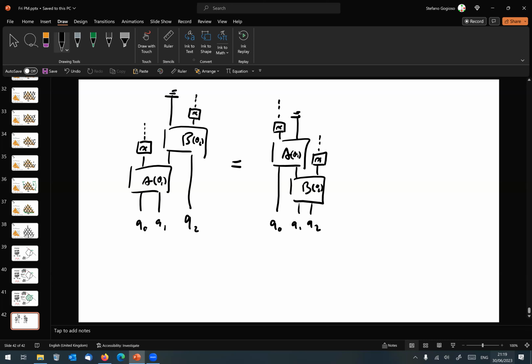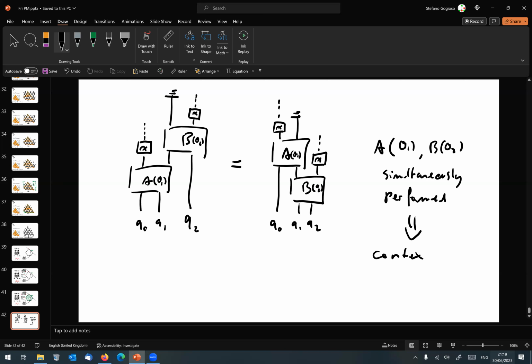But if you can presume this, then you can say that A theta 1 and B theta 2 are simultaneously performed, and you can use contextuality to get something like the things that non-locality gives, and those don't require any separation, but they require this assumption of commutation.